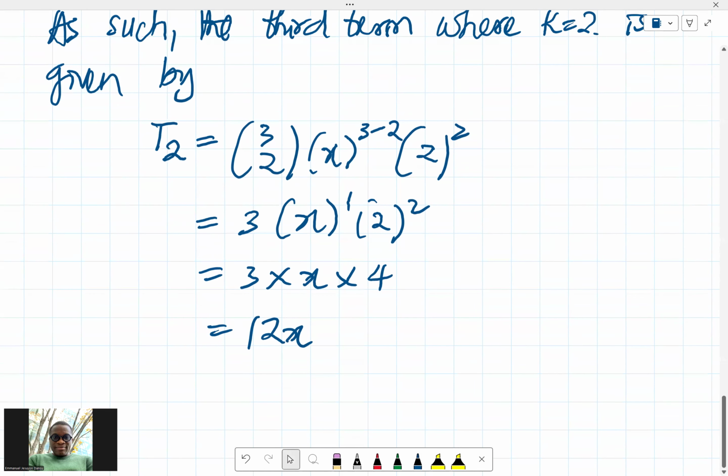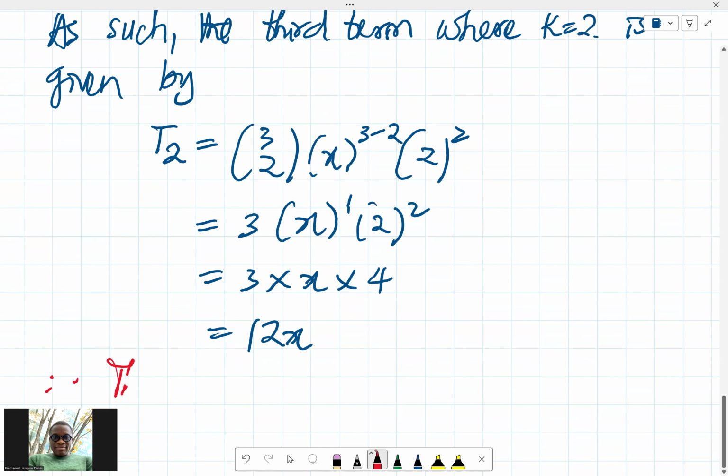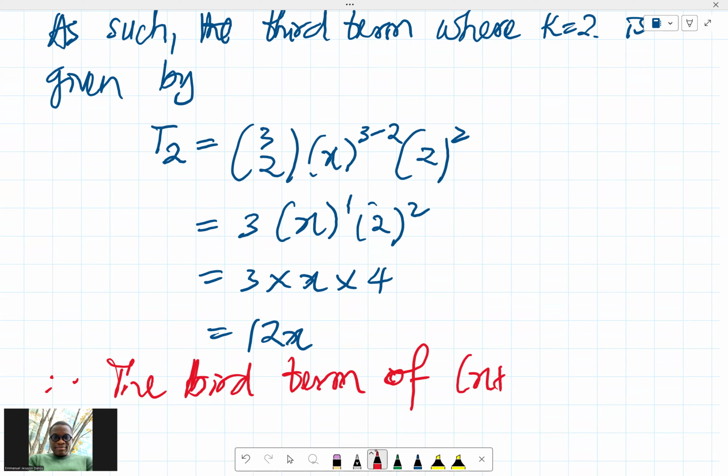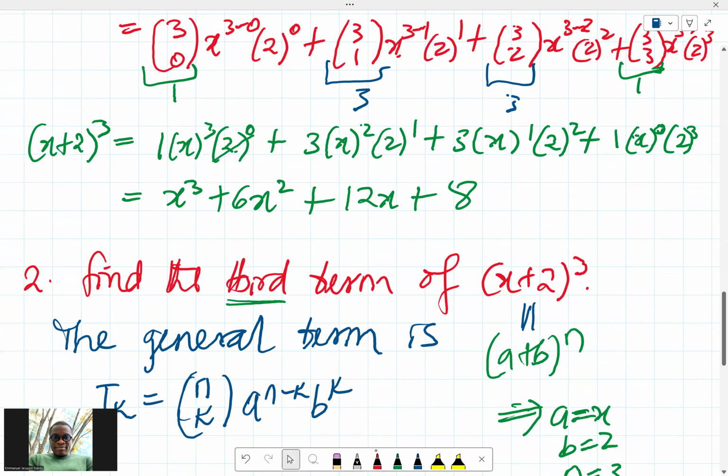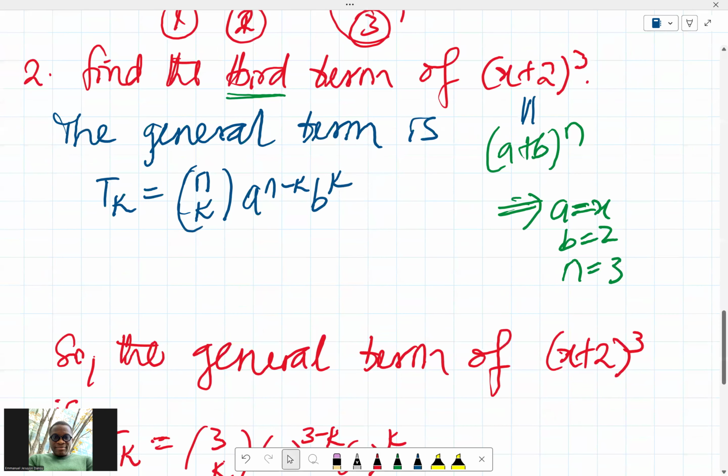So you can say, therefore, the third term of x plus 2 raised to power 3 is 12x. Now, in the expansion we did before, is that correct? So term 1, 2, 3. So this is the third term, and that tallies with what we have now.